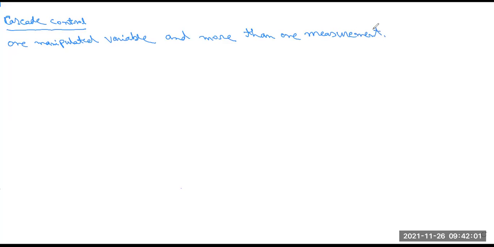These are the basic thinking of this cascade control system. So this cascade control system has one manipulated variable and more than one measurement systems.